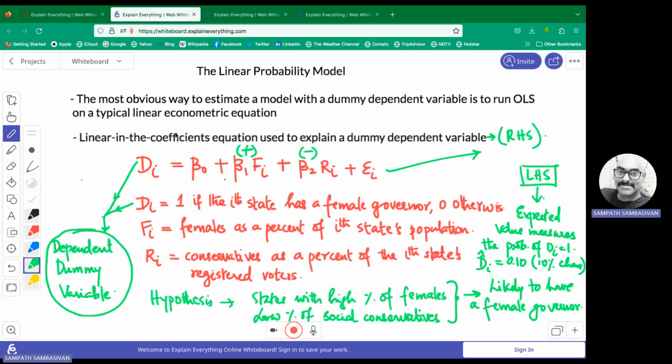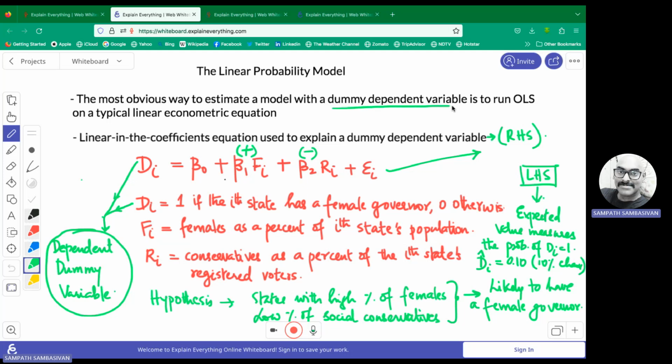In the previous class, I introduced what a linear probability model is. The linear probability model is one of the easiest ways in which we can incorporate dummy dependent variables into a regression model. I have introduced the idea of dummy dependent variables.